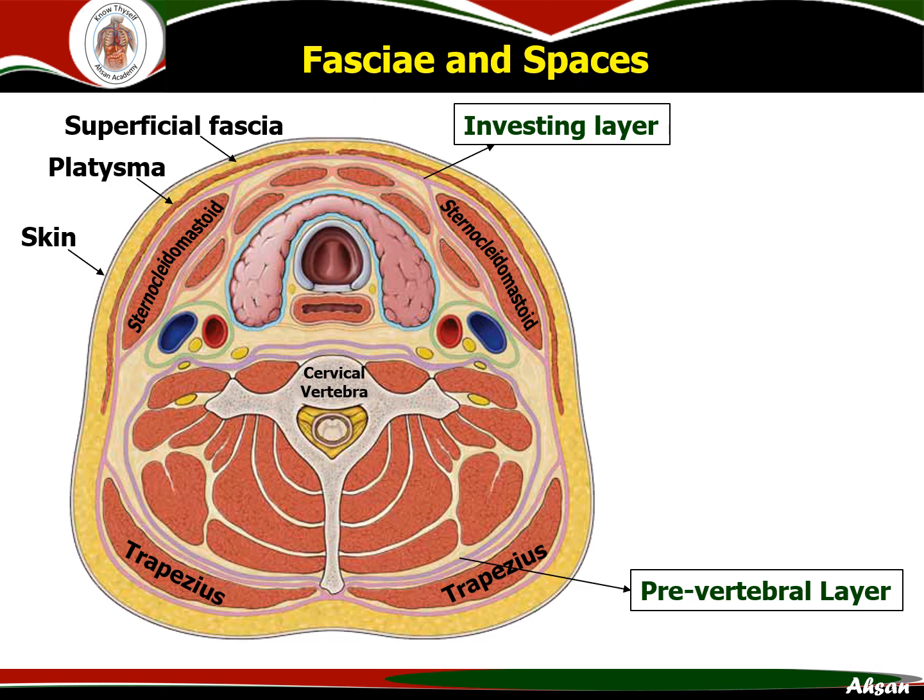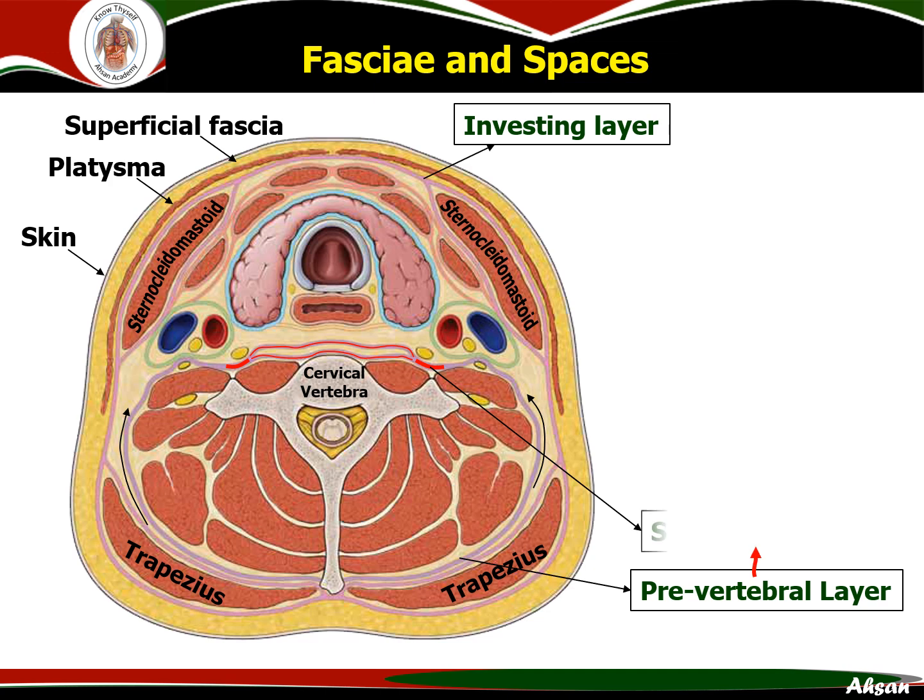Inside that, covering the cervical vertebrae and the muscles around, is the prevertebral layer of deep cervical fascia, and it continues anteriorly, and in front of the vertebrae it splits into two to enclose a space, the posterior layer, and this red line is the anterior layer.